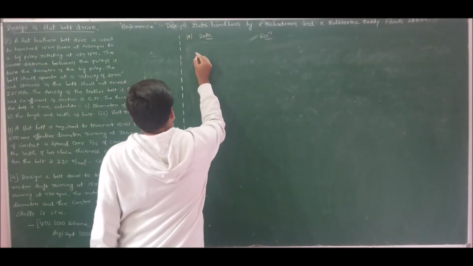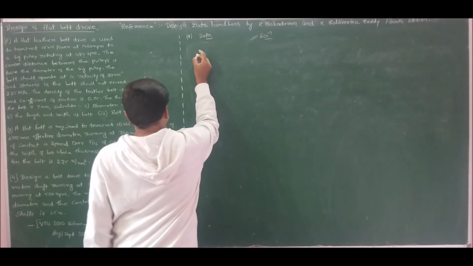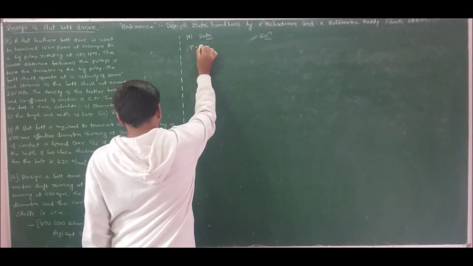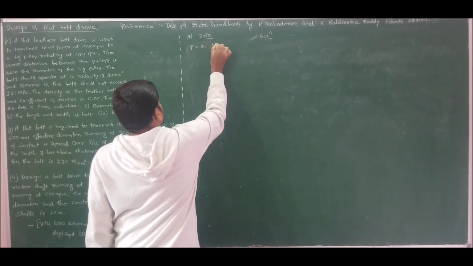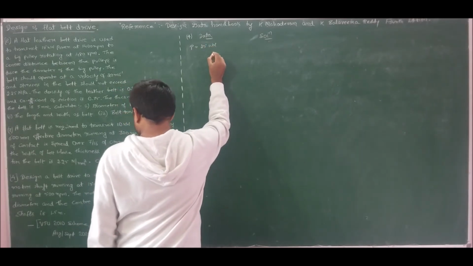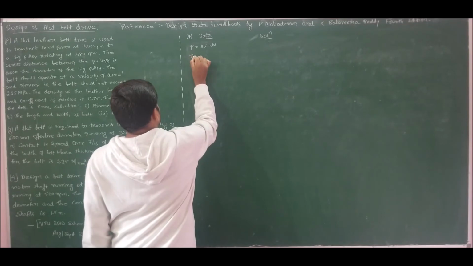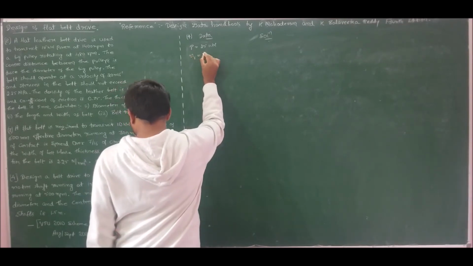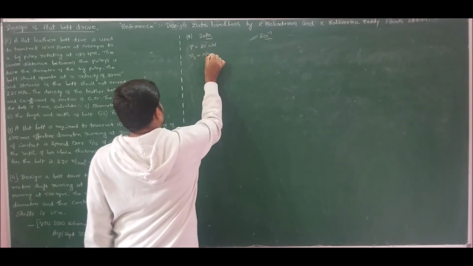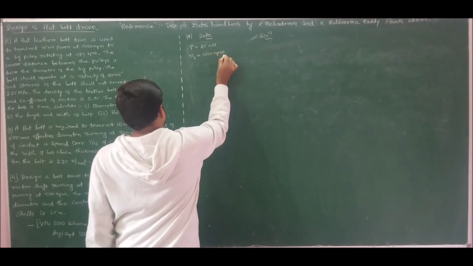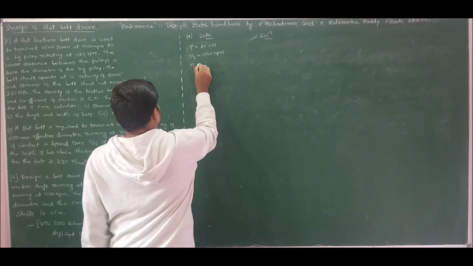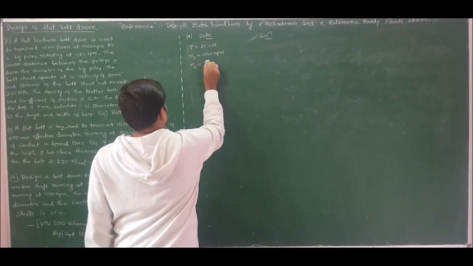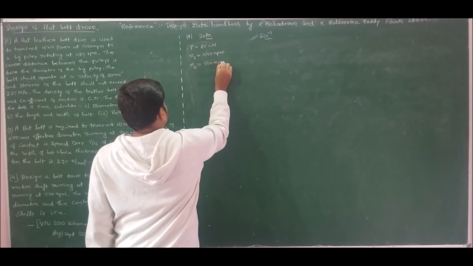So if I list out the data given for problem number 4, we have the power to be transmitted as 25 kilowatts from a motor running at the prime mover driver N1 is 1500 rpm to a compressor N2 is 500 rpm.